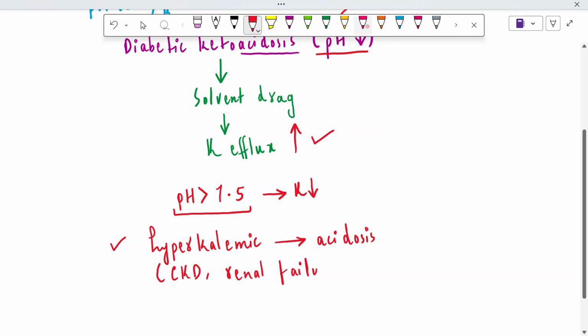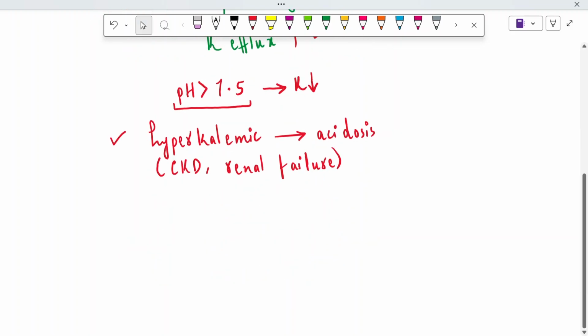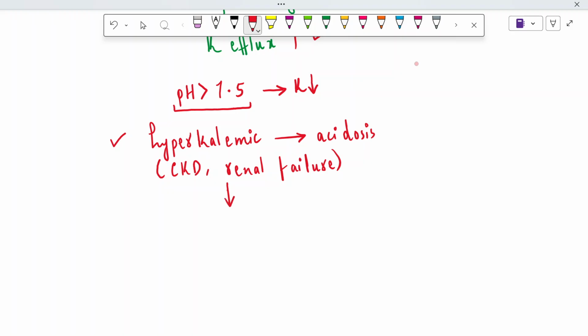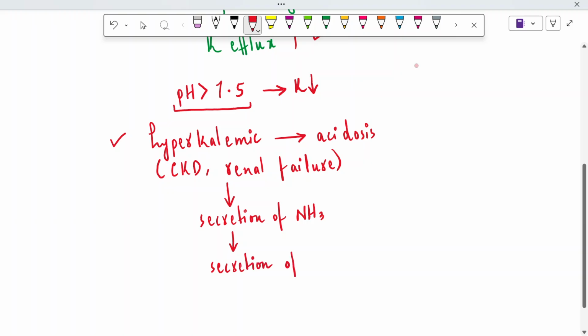The kidneys are unable to secrete ammonia. It will affect the tubules, so the secretion of ammonia will be affected. But here the point is that ammonia is not of importance. The important point is the secretion of protons, which will also be affected.